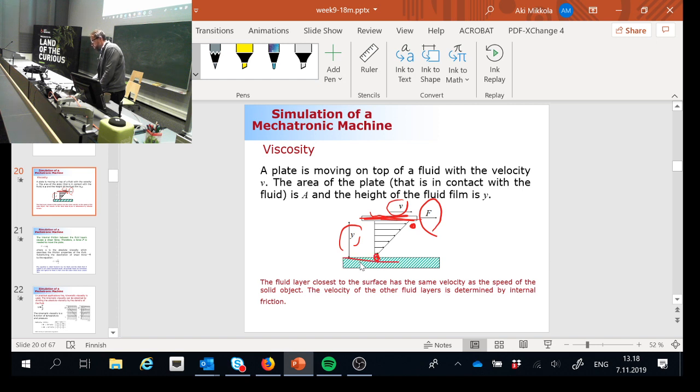This is a surface that is not moving anywhere. So when I look at the particle right next to that surface, it will have roughly zero velocity.